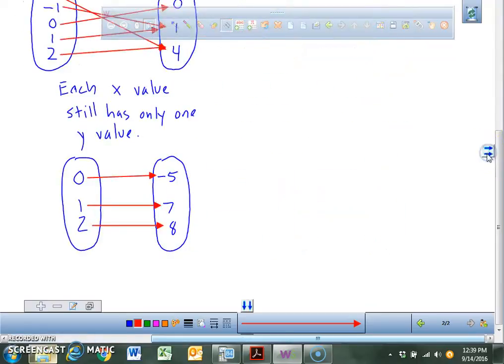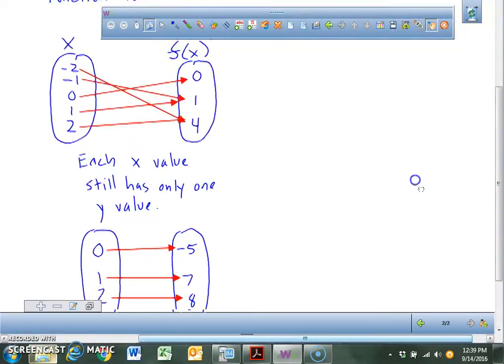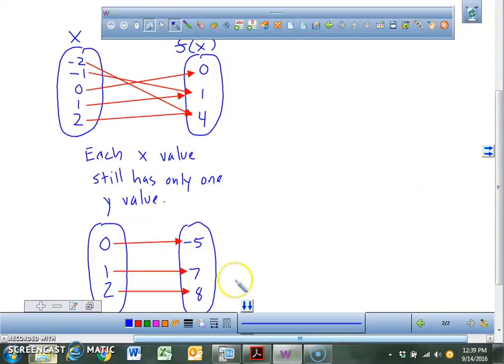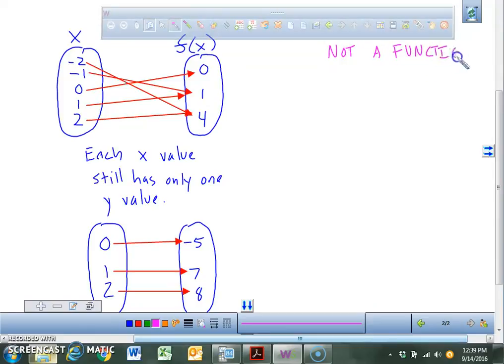Now let me give you a map of something that is not a function. So right here I'm going to write not a function. So you guys know these are counterexamples or non-examples of functions. Okay? So we have x. Here's your x's. Here's your y values.